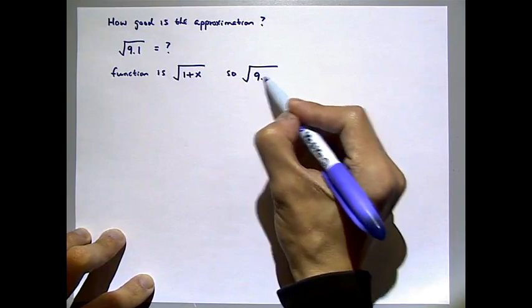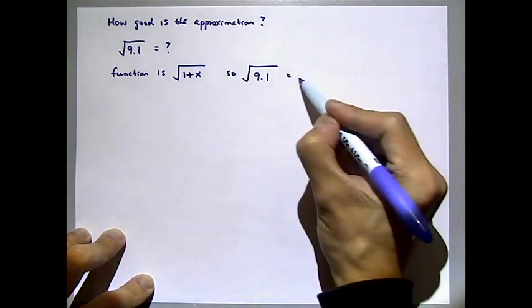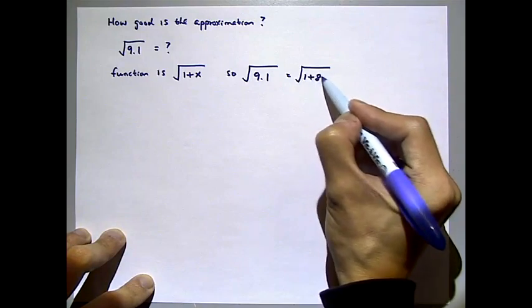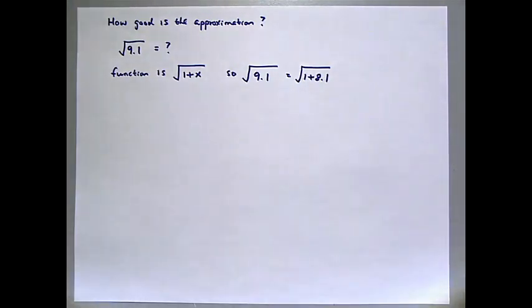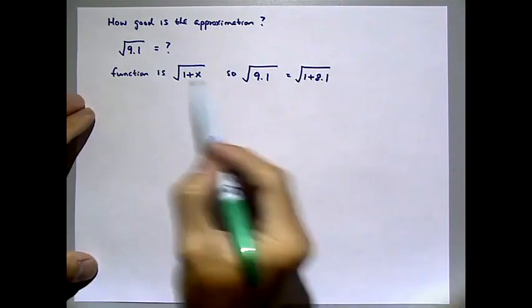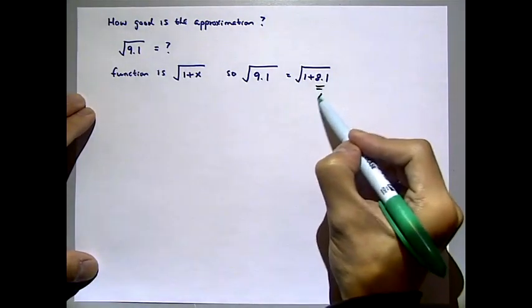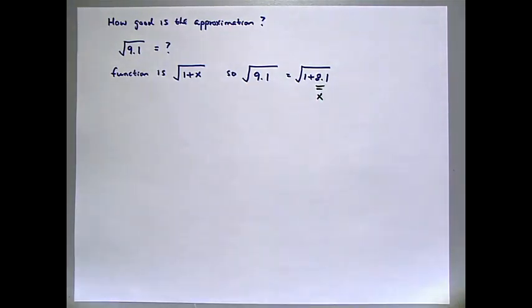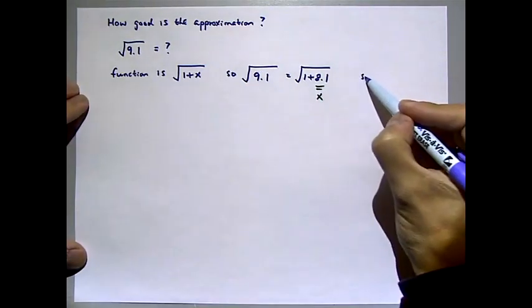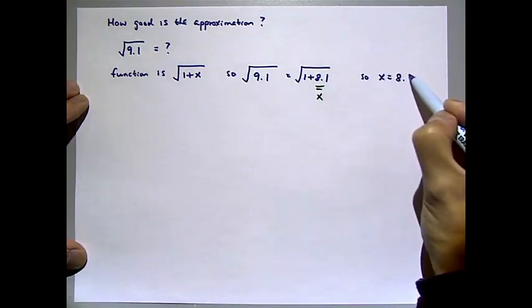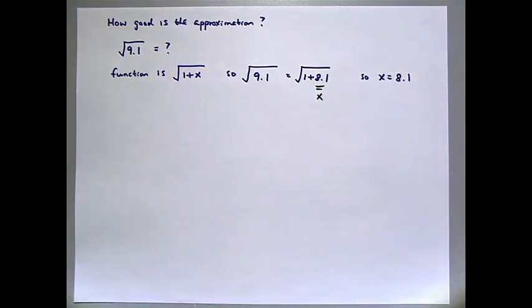So radical 9.1 can be looked at as radical of 1 plus 8.1, right? So that means my x here is 8.1. Remember, if we don't move very far from 8, our approximation should be pretty good. And we're not moving very far. 8.1 from 8 is a tiny little distance here. We expect a pretty good approximation.